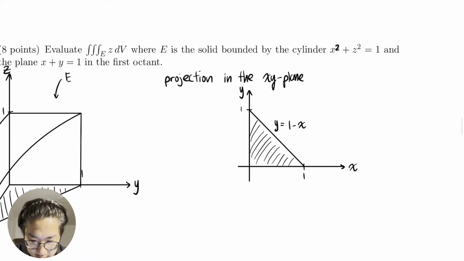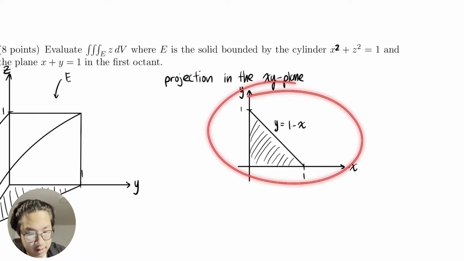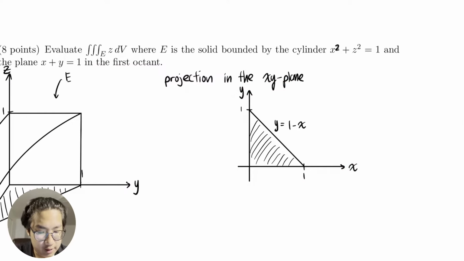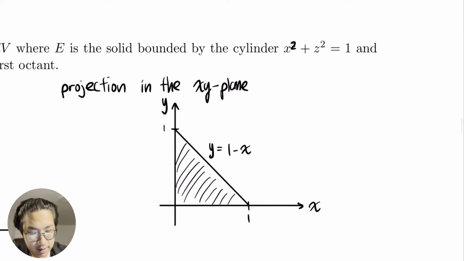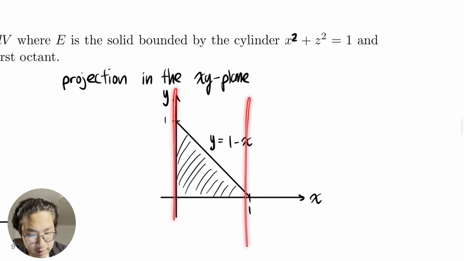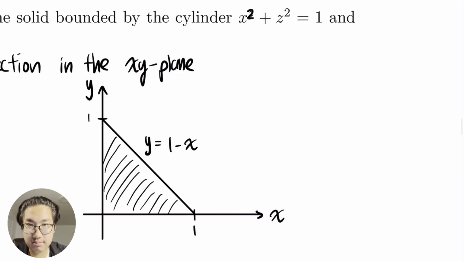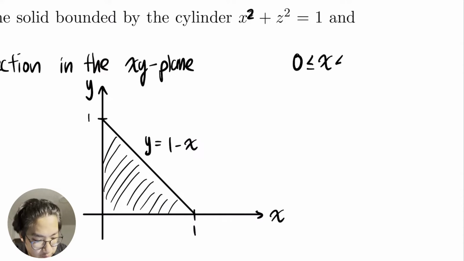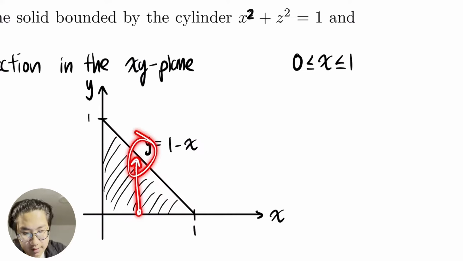Okay, nice. From here, we can then find a way to use intervals to describe it. In this case, we can bound this so that x goes between 0 and 1. And then y goes between y is equal to 0 and this line over here. So it effectively starts here and goes up to this line here.